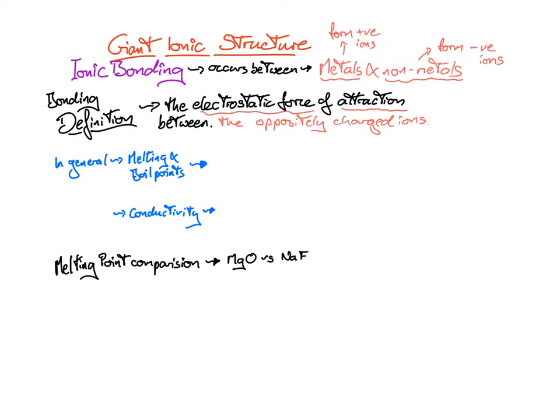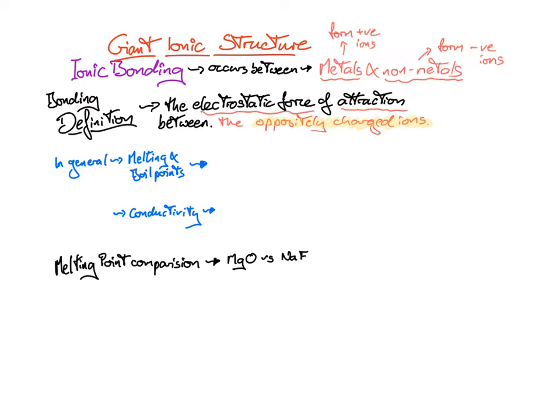As I've mentioned in other videos, the whole basis of the properties of a structure is the interactions between the particles in that structure. And if we are dealing with a giant ionic structure, the particles that must be talked about as we write our explanations are the oppositely charged ions.